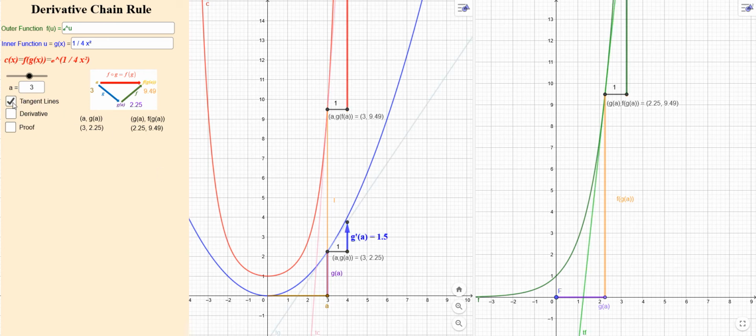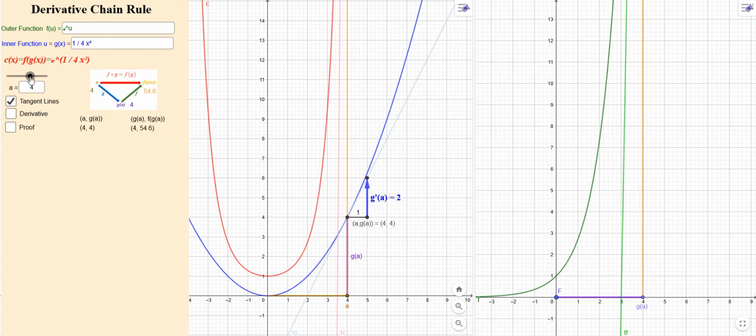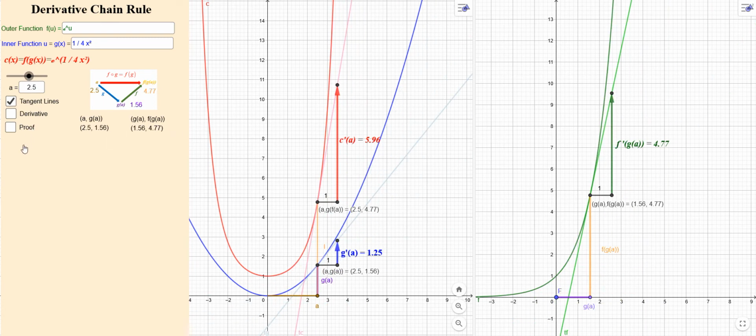Now let's look at the tangent lines to see what's happening with the derivatives. So let's experiment. Let's put this at, say, 2.5 for the input. And we can see the derivative as the slopes of the tangent lines. So when I click on the tangent line box, we see the tangent lines appear. The slopes of those lines are how much they go up or down, or in this case going up, when we go to the right one. So they're represented by these vertical vectors here.